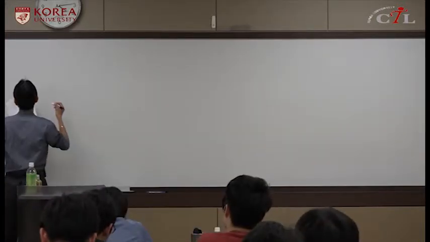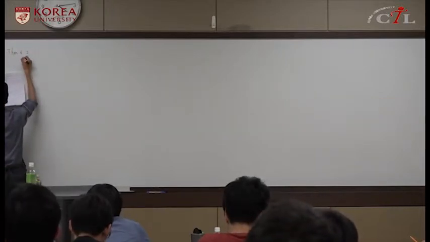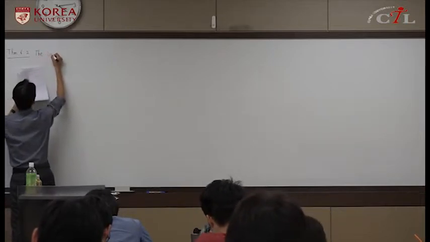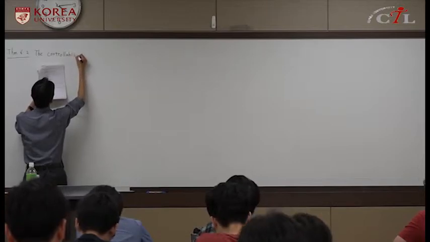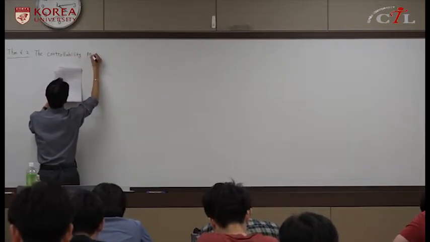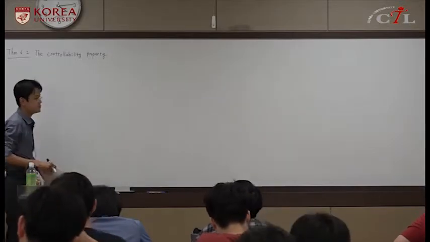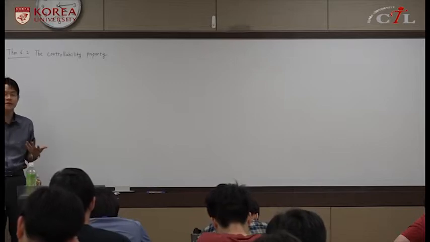So, with those things in mind, let me describe theorem 6.2 regarding the controllability property. What do you think about the controllability or controllability indices?